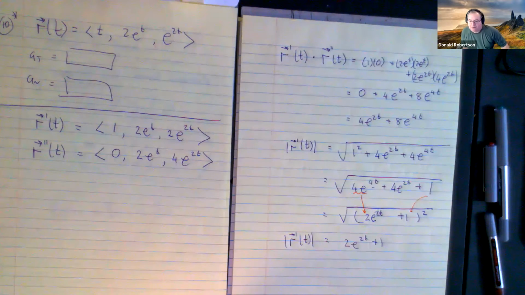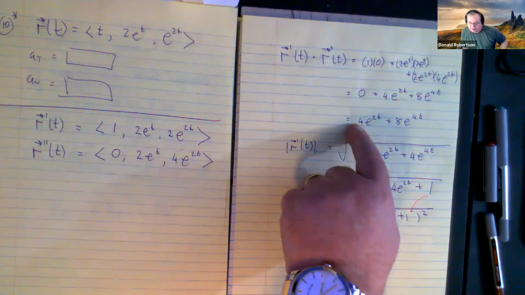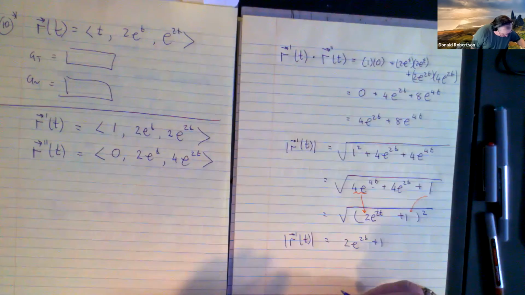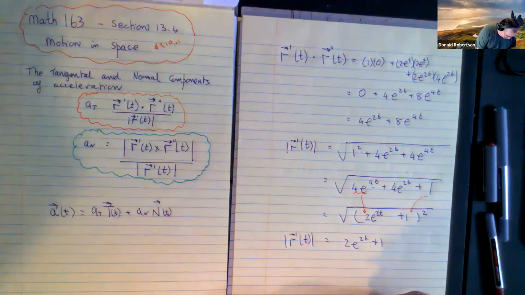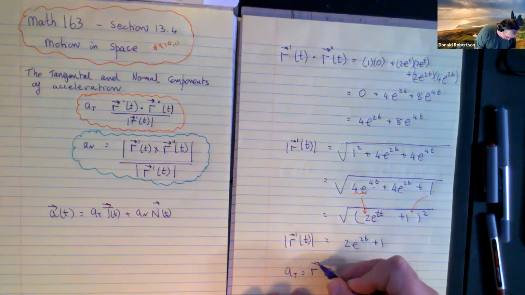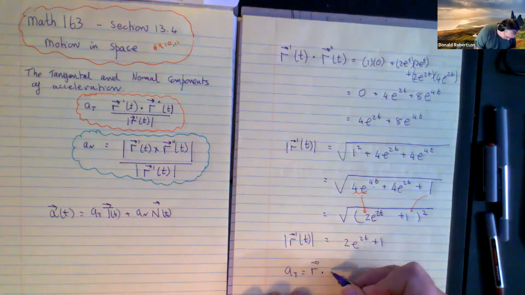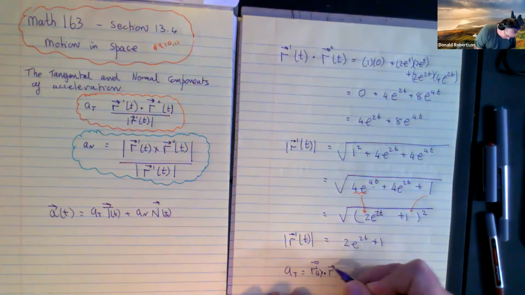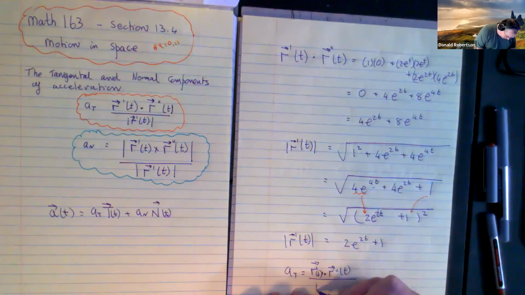Okay. Dot product is this. Magnitude of the first is this. And AT, which is the one we're going to do first, is the dot product of the first and second derivative divided by the magnitude of the first derivative.